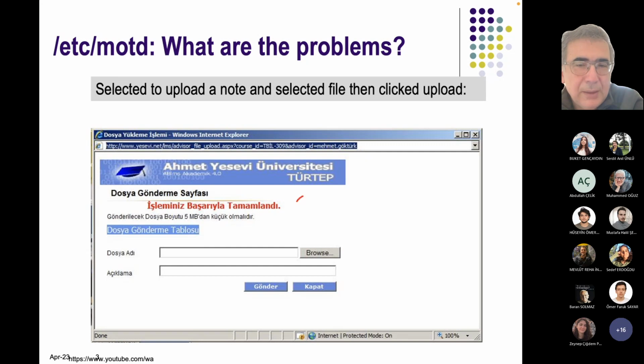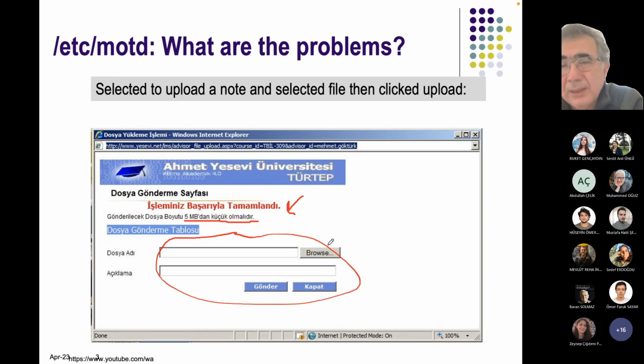There is a red message after I tried to upload a PDF file, and it says something about the size of the document, and it also gives me a dialog box.